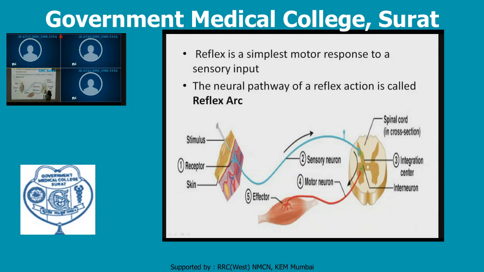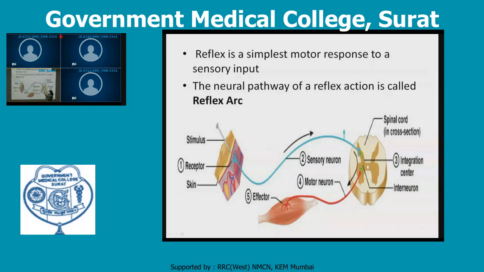If it is directly connected, then usually the EPSP is generated, that is the excitatory postsynaptic potential. And if it is connected through an interneuron, the majority of the time this interneuron is inhibitory, and IPSP is generated, that is the inhibitory postsynaptic potential.